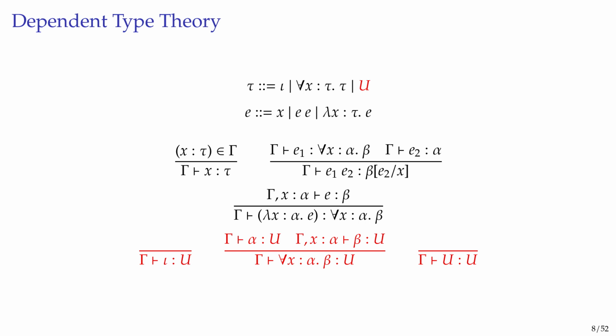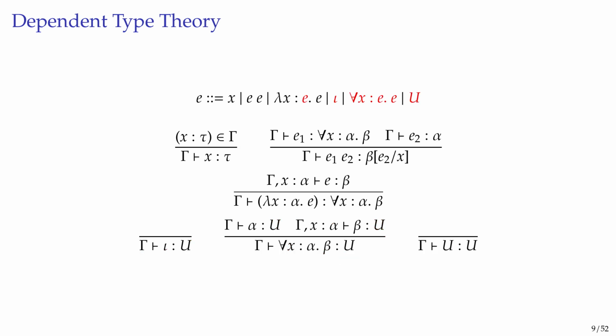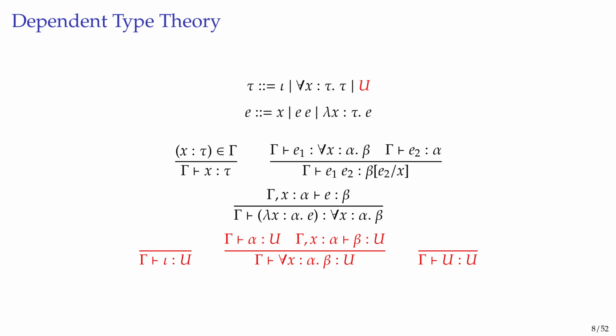We say that iota is a type, and this is the rule saying that for all is a type, and then the collection of all types is a type, right? So now we have this extended grammar where we've stuffed the expressions and the types into the same syntactic category.